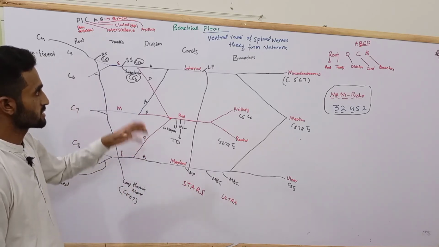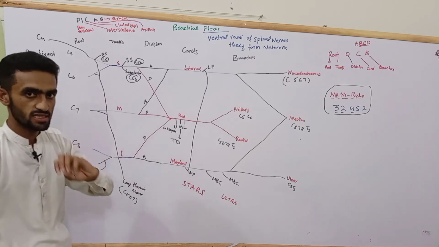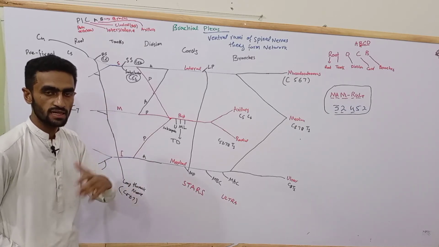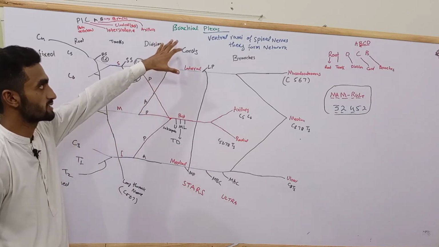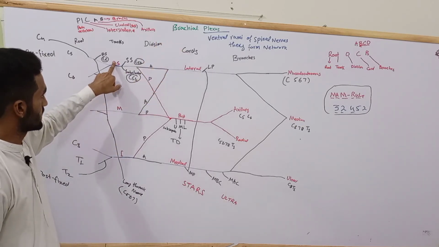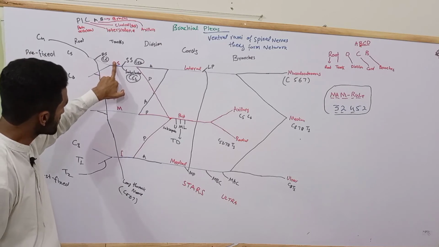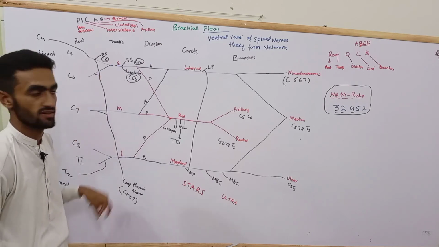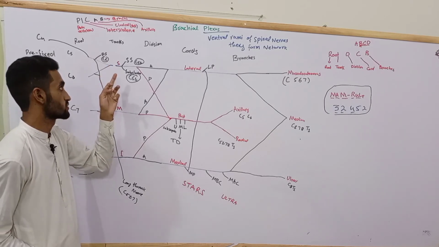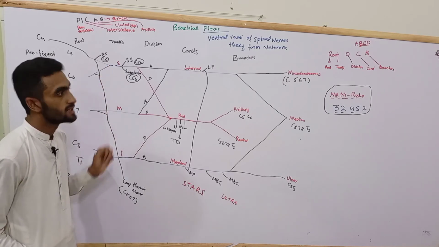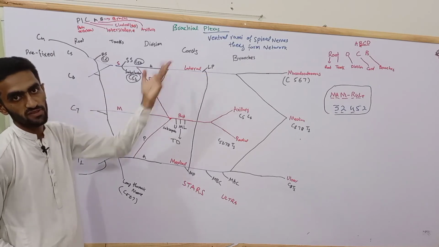And last but not least, I'm not going into detail of the injuries. I'm just naming the injuries which are mostly involved with the brachial plexus. If there is an injury at this level, what is this? This is your upper trunk, or superior trunk. With an upper trunk injury, which nerve will be affected, which will not?